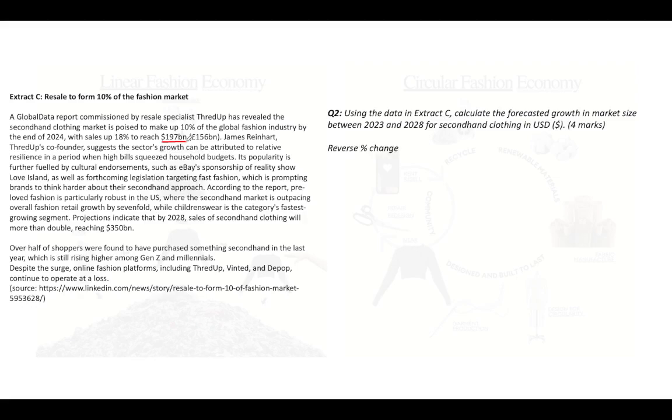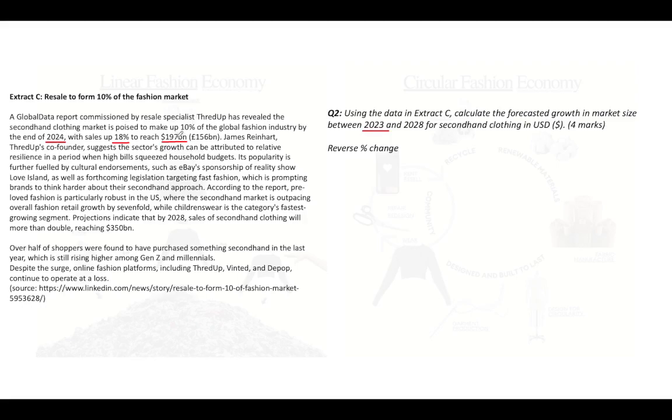We know this is a reverse percentage change, and we know that that figure is not 100%, it's actually 118%, because what we're looking for is the figure from 2023, not the one from 2024. Okay, so this is worth 118%.